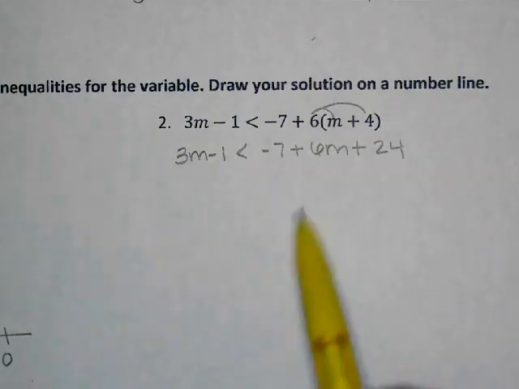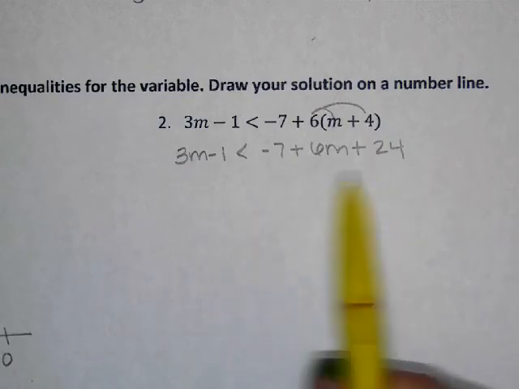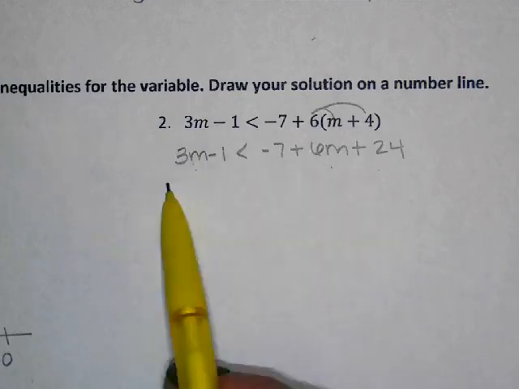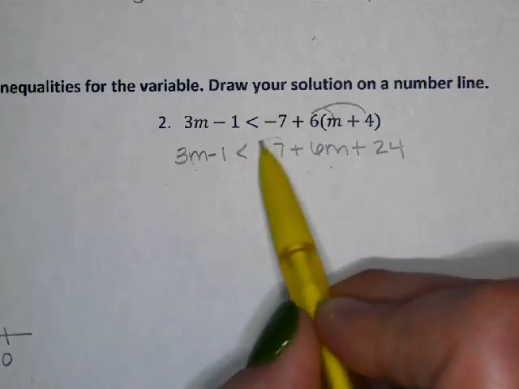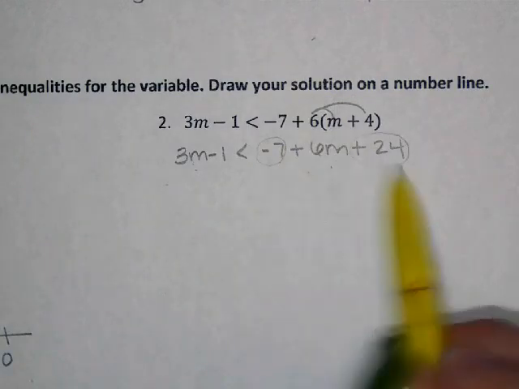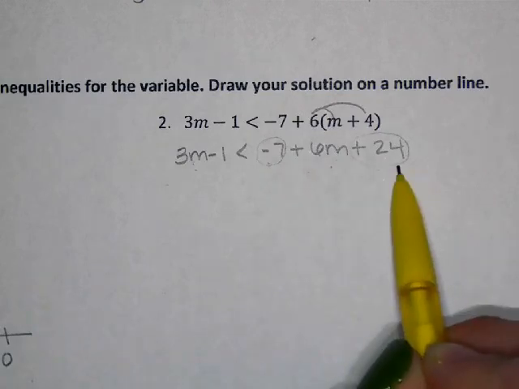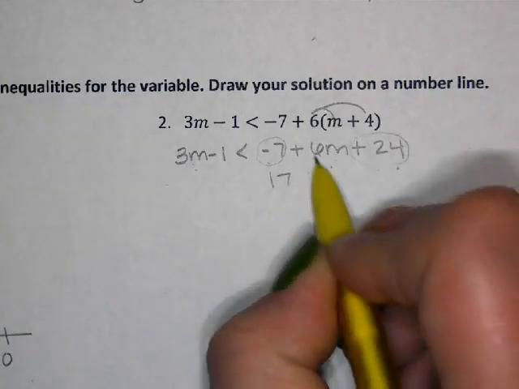Are there any like terms that I can put together over here? The 3m and 6m, but they're on different sides. The negative 7 and the 24, those are on the same side. So 7 negatives and 24 positives, 17. So 17, and then we have a 6m.